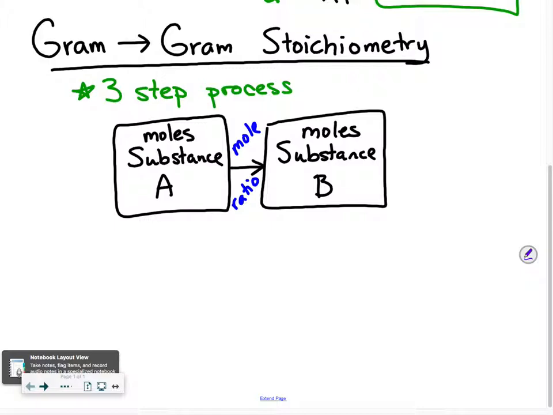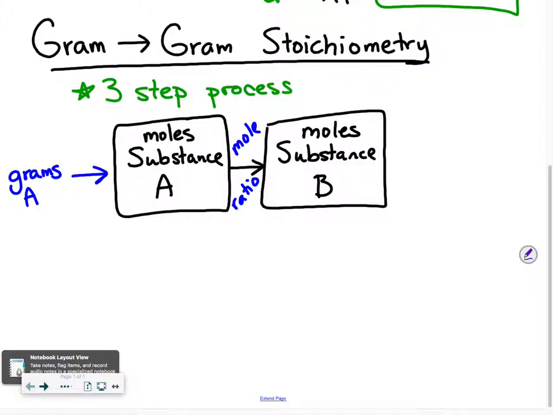But depending on what we're given to start with, which is usually grams, how do we go from grams to moles? What do we need to go from grams to moles?